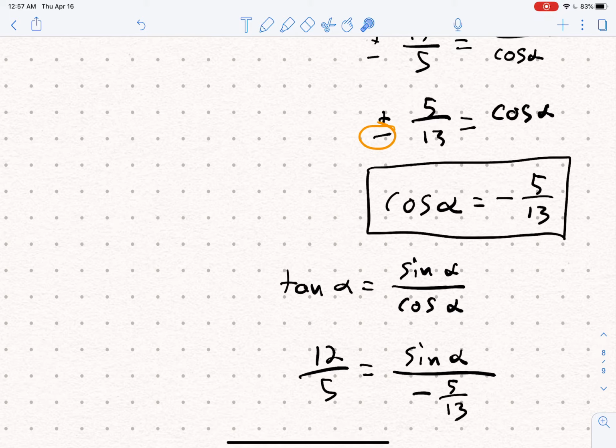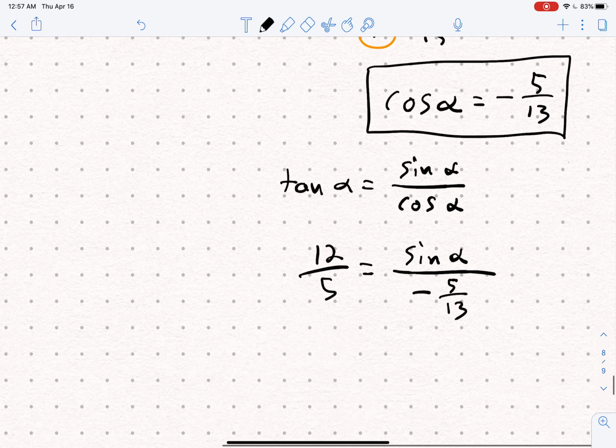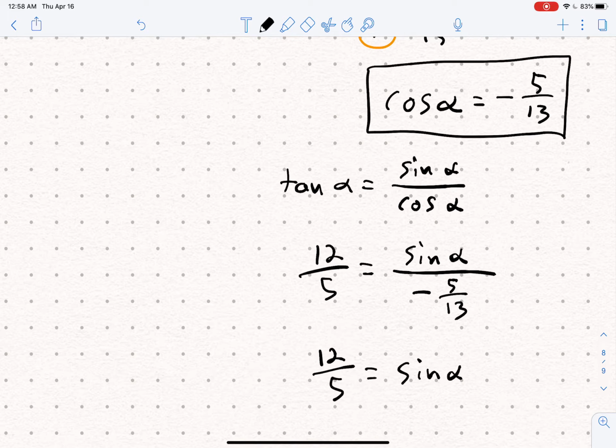We can move this thing up to the top if we flip it over. So we have 12 over 5 is equal to sine of alpha times, it stays negative, but it flips over, the reciprocal, 13 over 5.